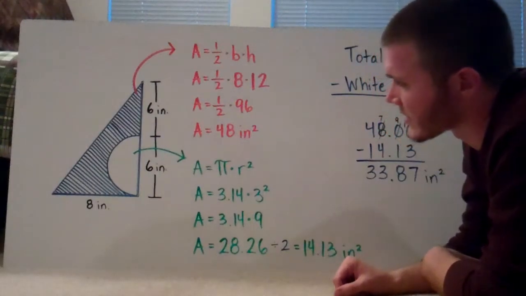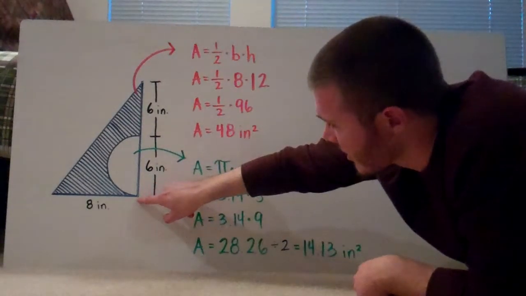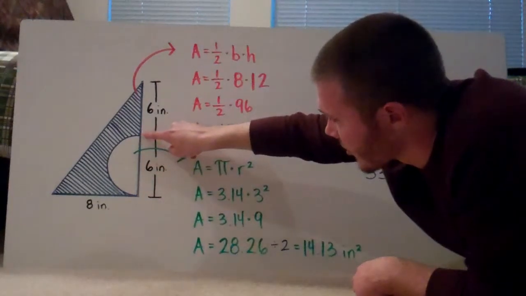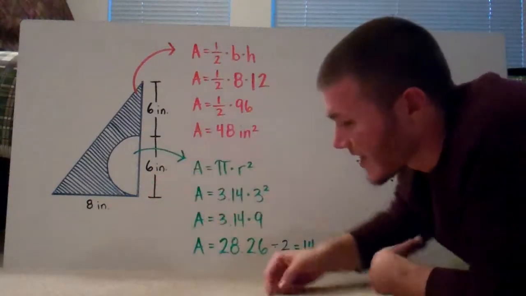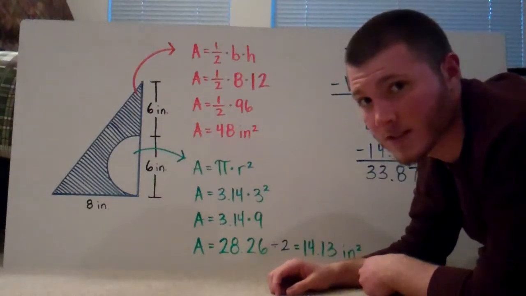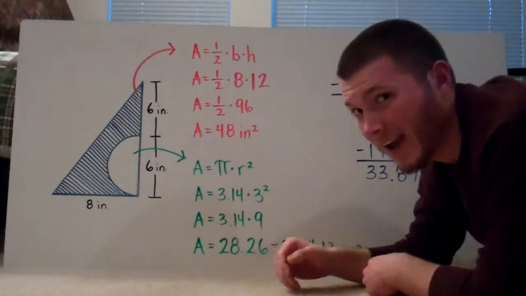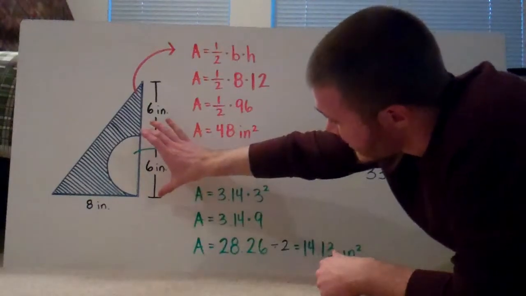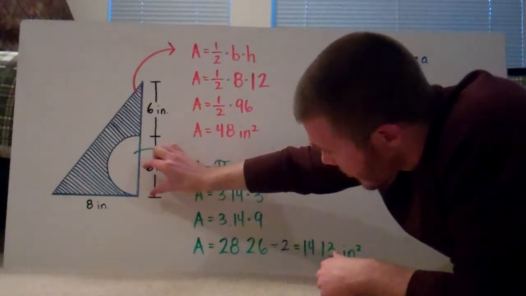Well, class, this distance from one end of a circle all the way to the other across the center, that's the diameter. That is not the radius. The radius is only half the diameter. So if the diameter is 6, the radius has got to be 3.